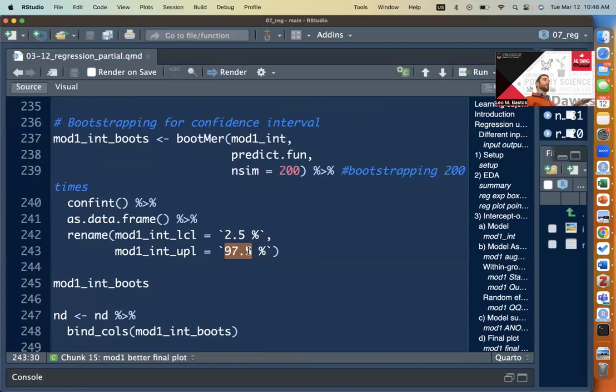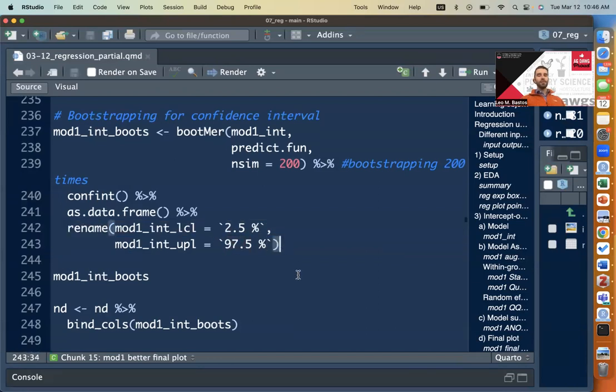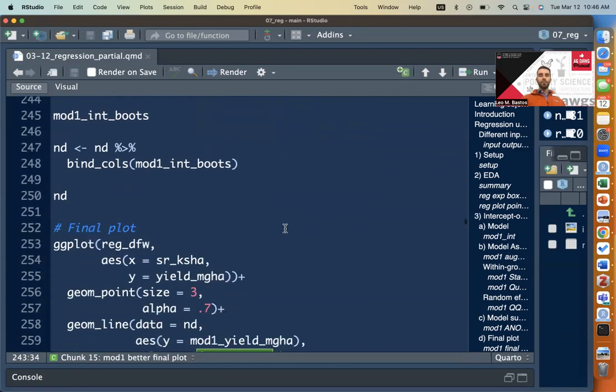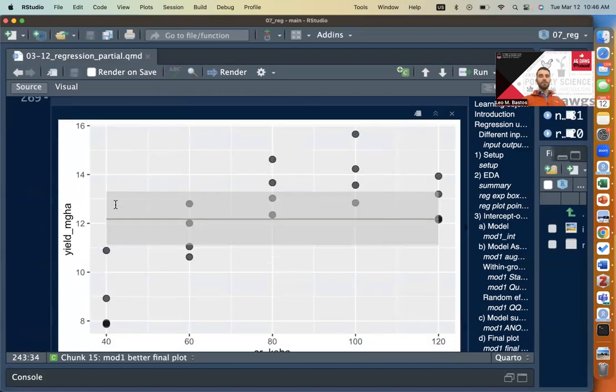It's doing that over all the 200 models that were run for that seeding rate and giving you these lower and upper limits here. Now these become the extremes of the ribbon, which represents our error bars. So this is the upper, this is the lower.